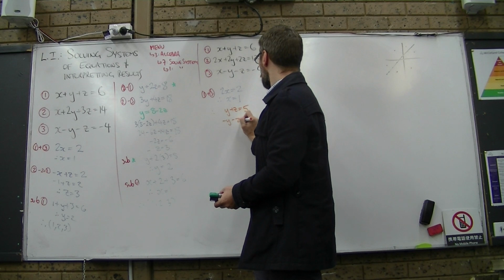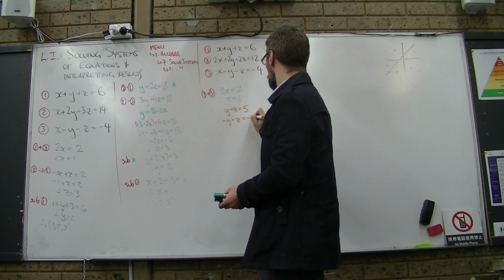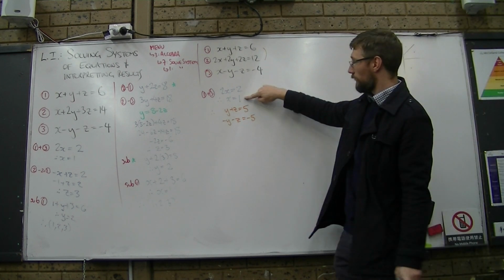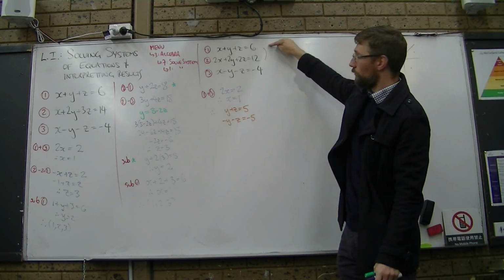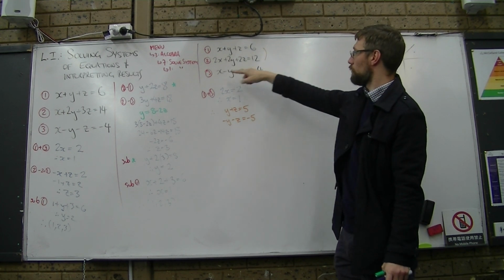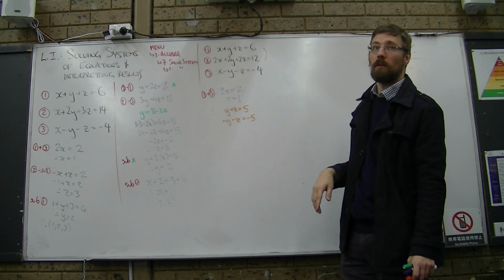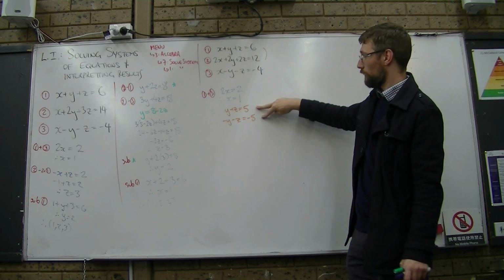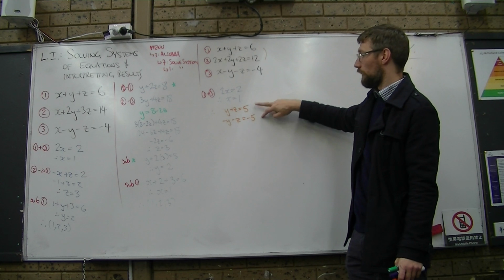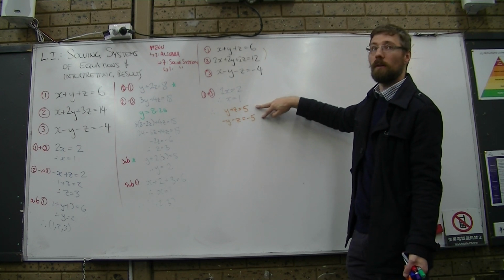Negative z equals negative 5. Yeah, it's the same story. So, I've taken that result, put it into the first, and taken that result, put it into the second, and just shuffled the ones across. What do you notice? They're the same rule.